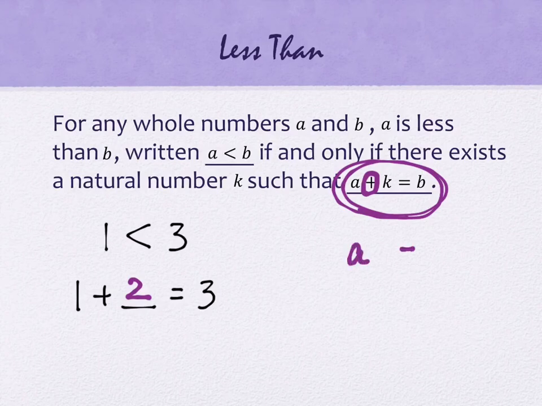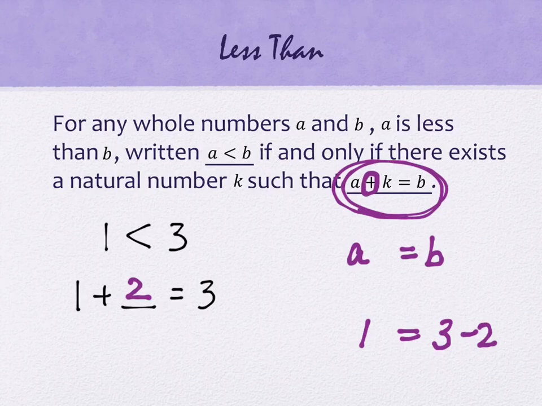What could I do to A and B to use subtraction to make them equal? Let me use numbers. What could I do to 1 and 3 using subtraction to make the two sides equal? I could subtract the 2 from the 3 side of the equation, right? So instead of adding something to my 1, I could subtract something from my 3.